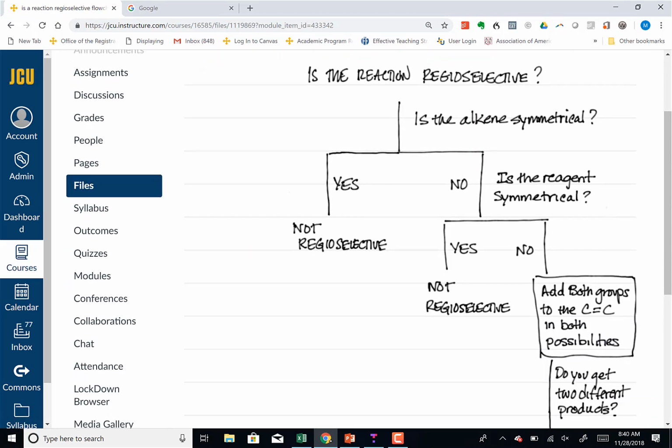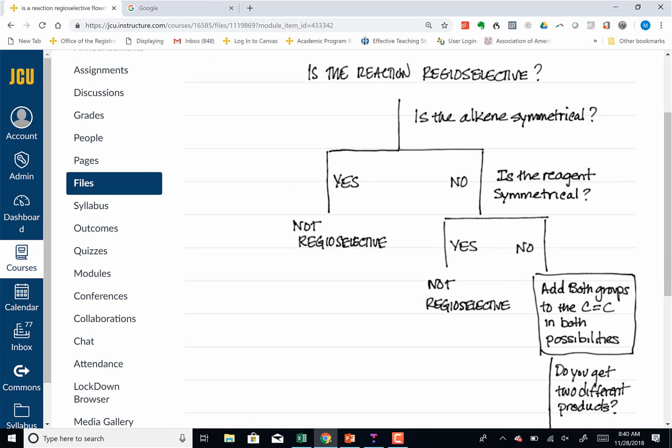So if we started with the idea of regioselectivity, the first two questions that you ask, remember, I've said at least a dozen times that if either reagent is symmetrical, the alkene or the reagent, once it's symmetrical, regioselectivity is over.